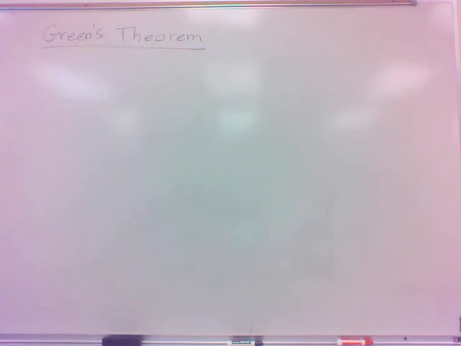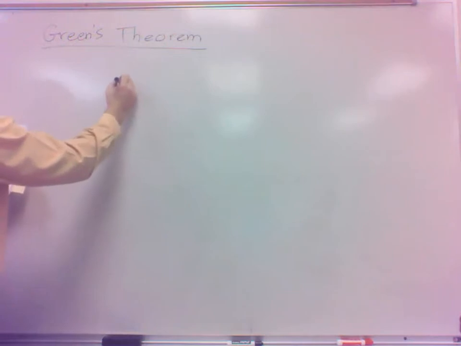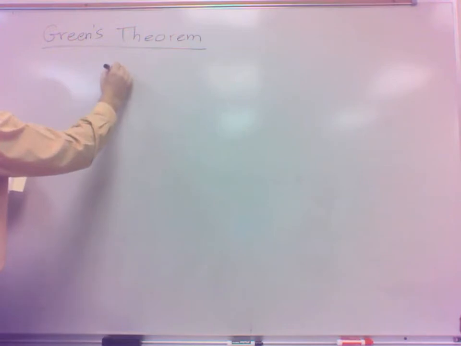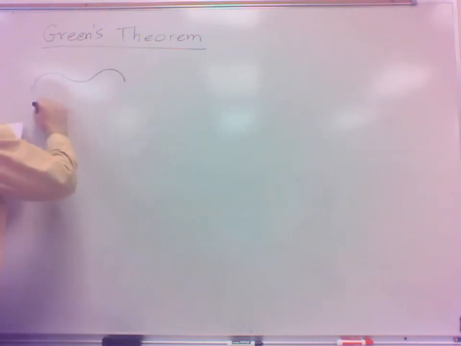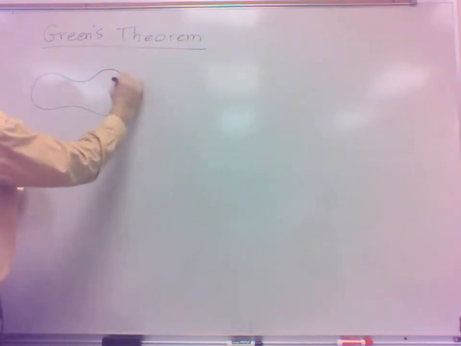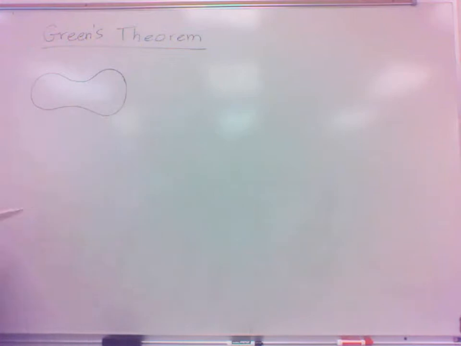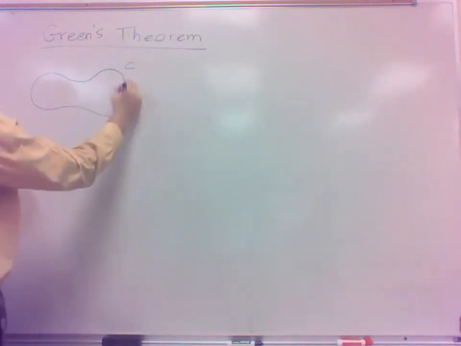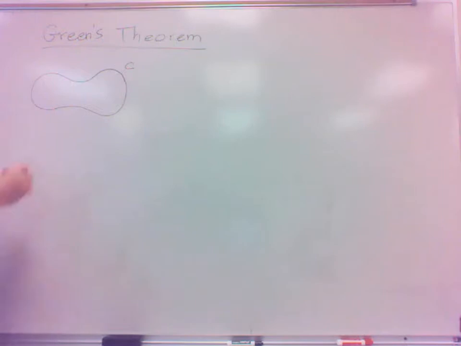Okay. Now, just start here with a definition. If we have a simple closed curve, because that's what Green's theorem is based off of, a simple closed curve, call it C. And then D is going to be the region enclosed by said curve.